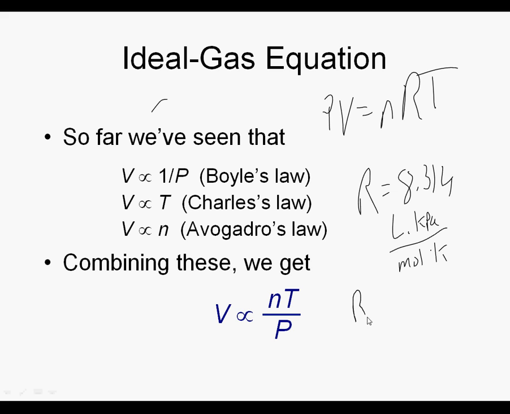If R is 0.0821, that's liters times atmospheres divided by mole times Kelvin. You have to use the right R for whatever the other units are in your problem. If your pressure's in kilopascals, you use this R. If your pressure's in atmospheres, use that R.